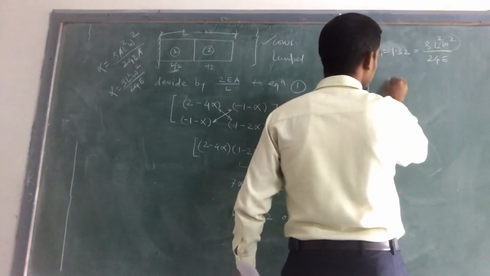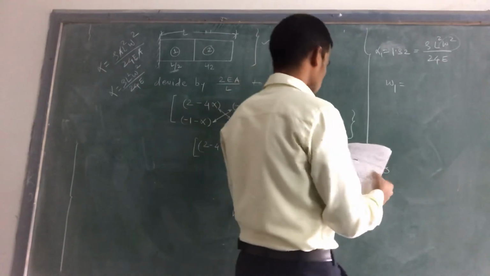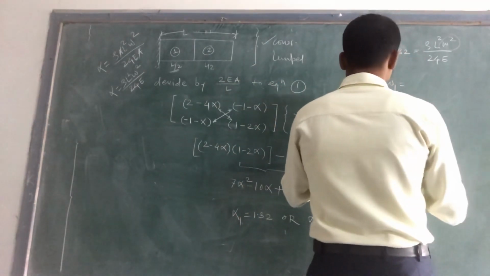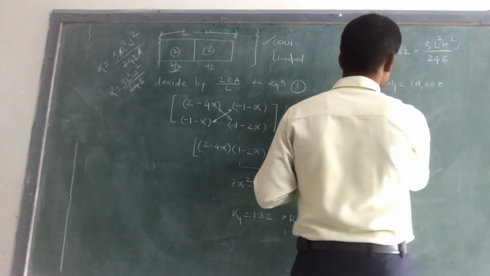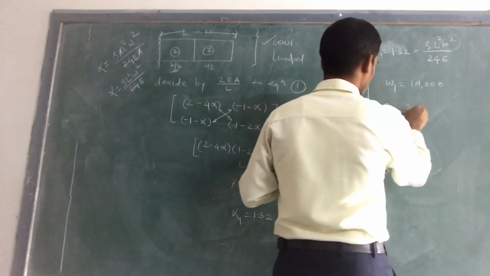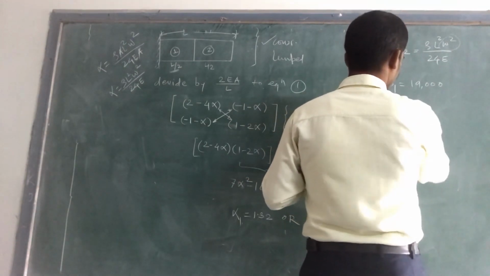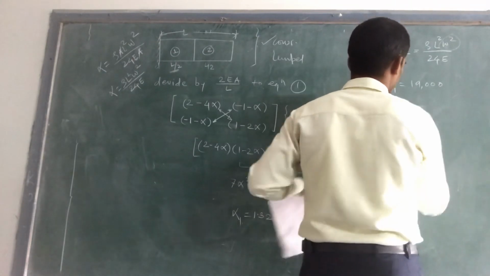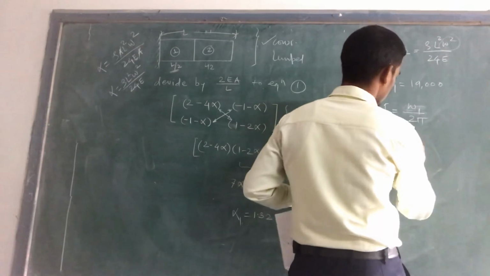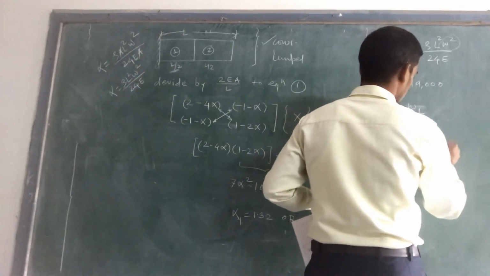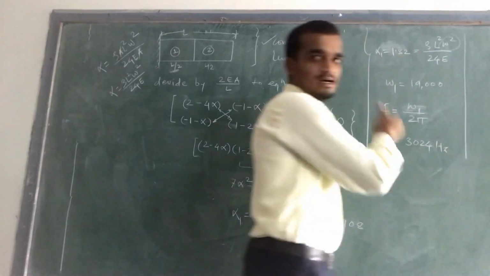By putting all these values, you will get omega 1, and this value is equal to 19,000. And finally, frequency is omega 1 upon 2 pi. By putting this, you will get the first frequency as 3024 Hz.